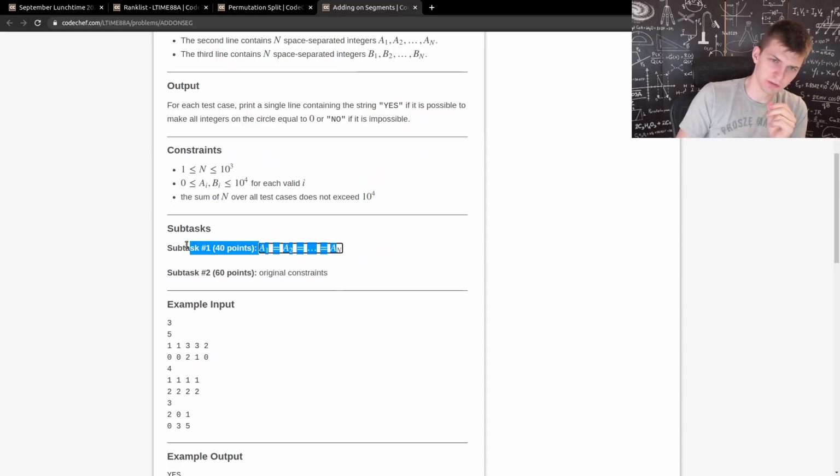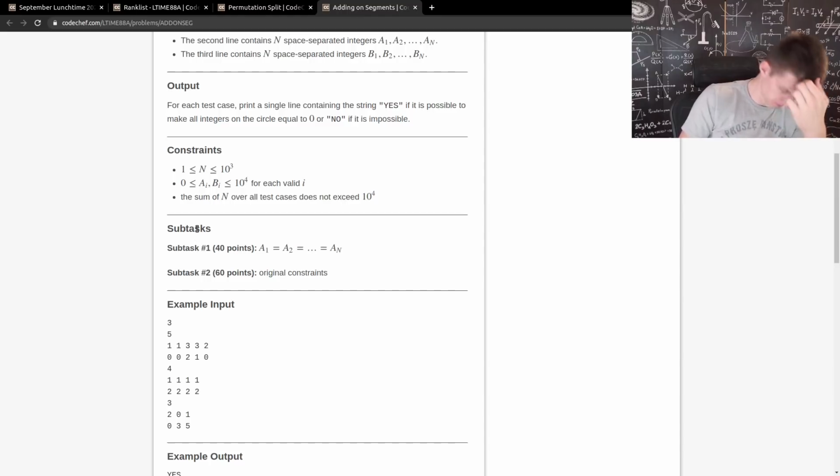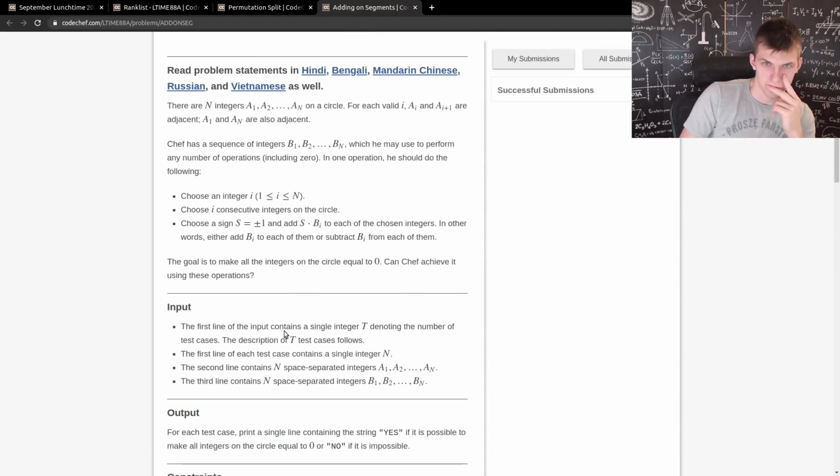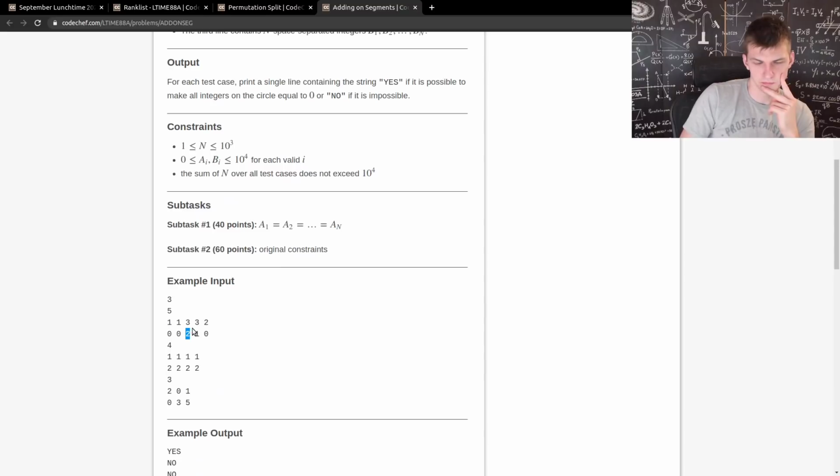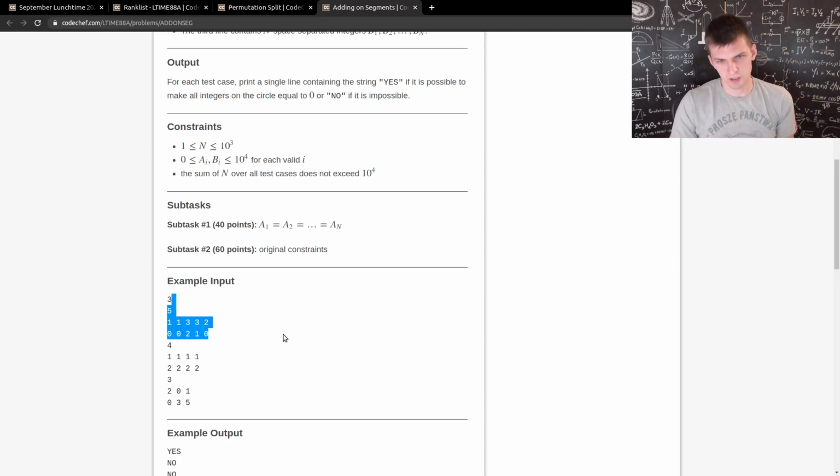The subtask is basically that we start with a sequence of zeros, we want to end with a sequence of zeros, but every value should be different. This might be some kind of flow.